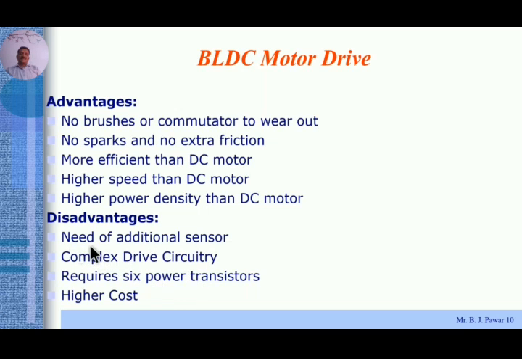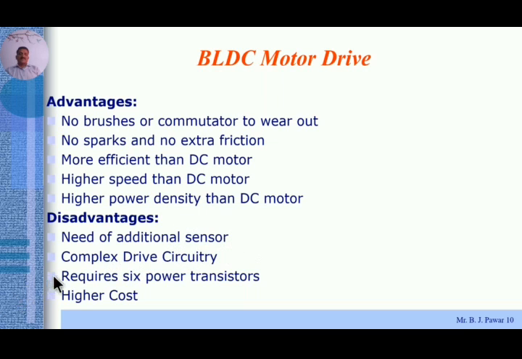What is the first disadvantage? That is nothing but the need of an additional sensor. I already told, to find out the actual position of the rotor, there is a need of a Hall sensor. Then and only then the controller can decide which PWM or which transistor or which switch should get closed first, right? So there is a need of an additional sensor to sense the position of the rotor, and that is mostly a Hall sensor.